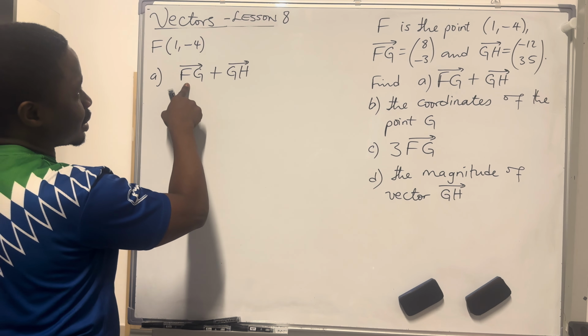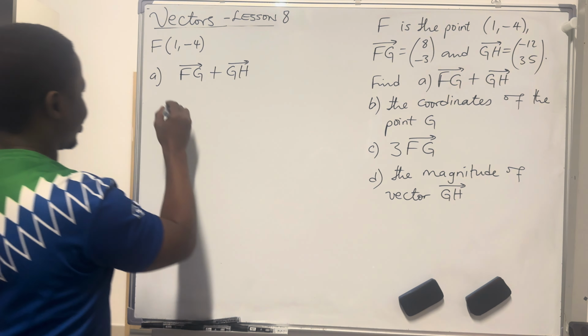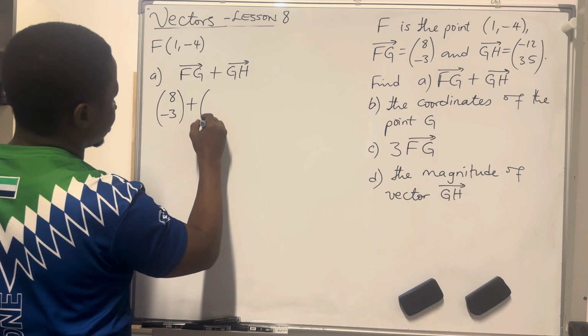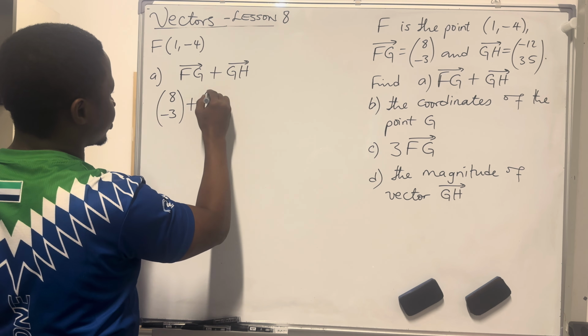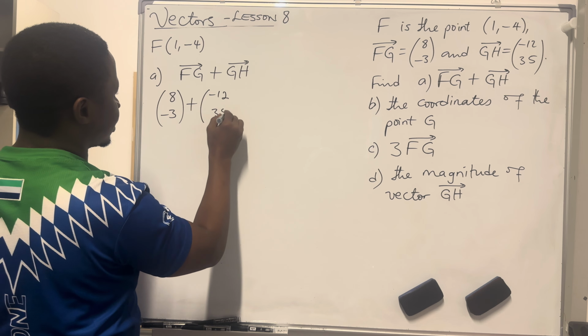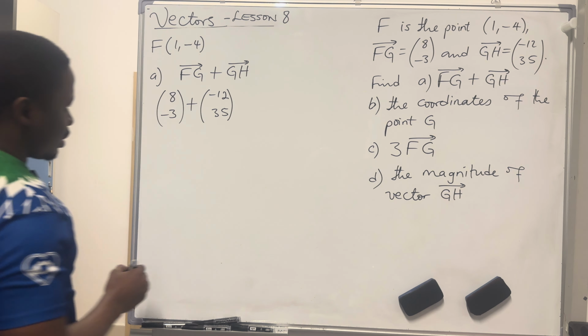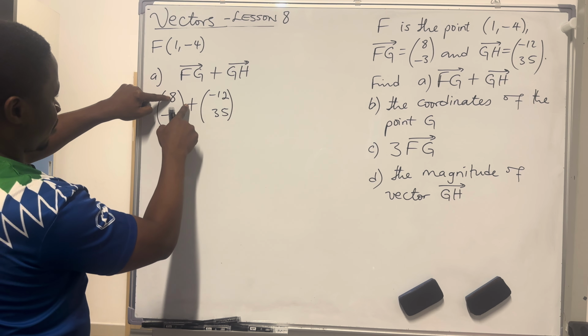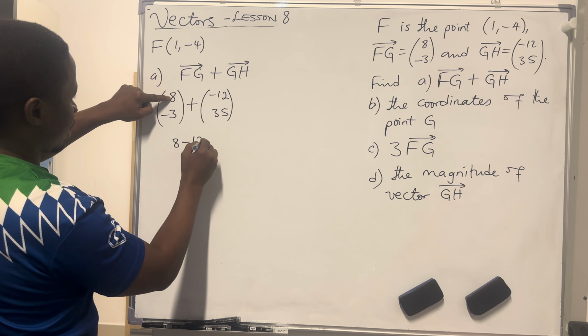Okay, so what is FG? FG is (8, -3). GH is (-12, 35). So those are the top components: we have 8 plus times minus, minus 12.